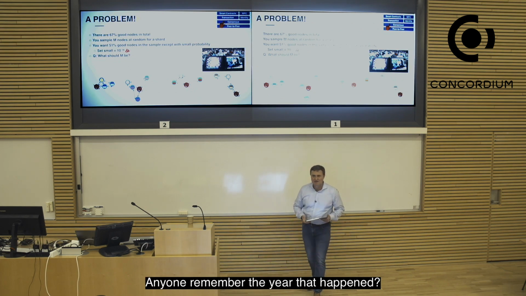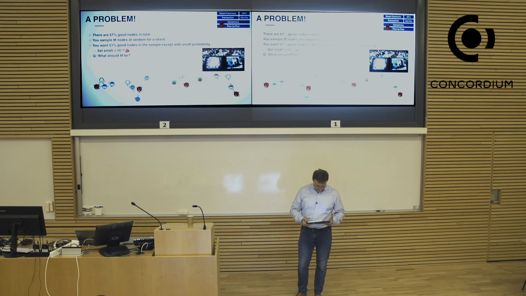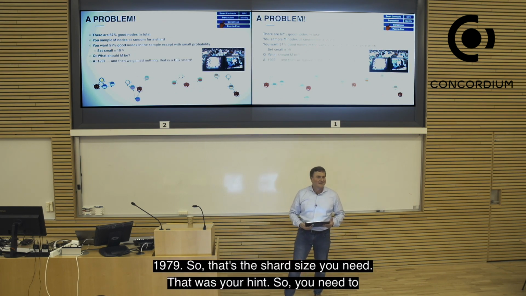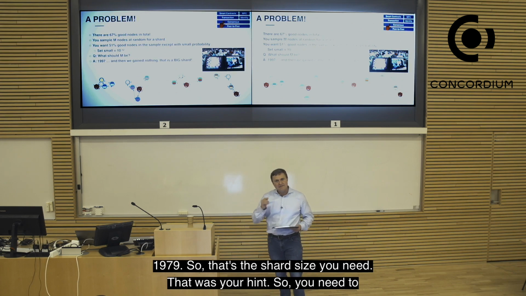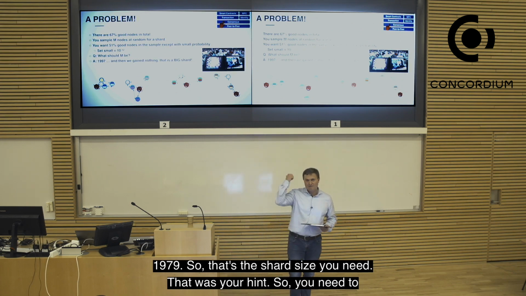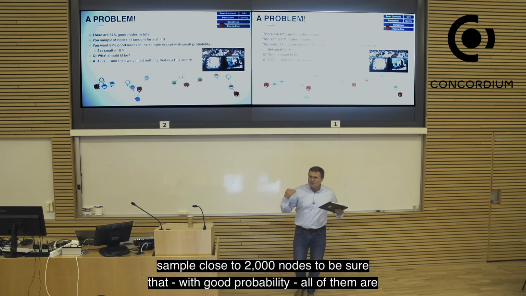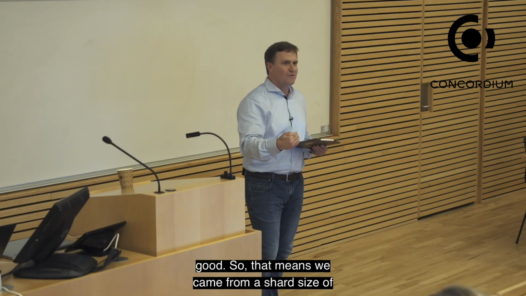Anyone remember the year that happened? 1997. So that's the shard size you need. That was the hint. So you need to sample close to 2,000 nodes to be sure that with good probability the majority of them are good, right?